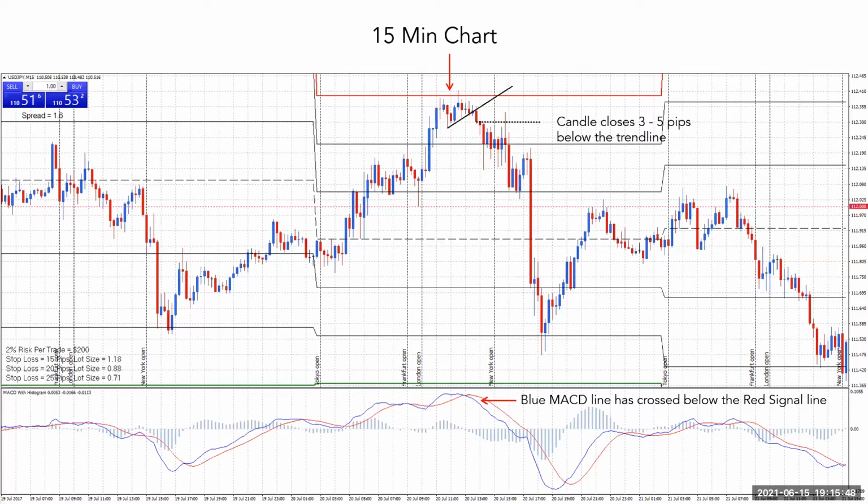Now, I'm saying 3 to 5 pips closes above or below. In this example, it's below. I want it to be closing 3 to 5 pips below, so I know that we've moved nicely through the trend line. But what I don't want to see is that it's moved like 20 pips below, because that's just moved too far.